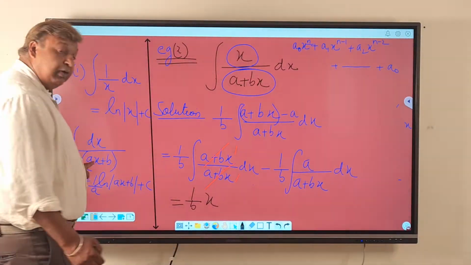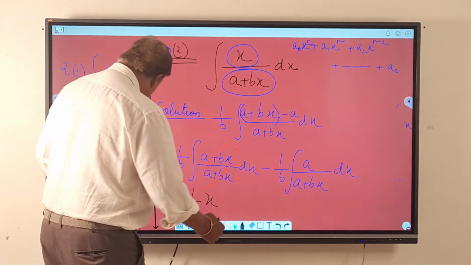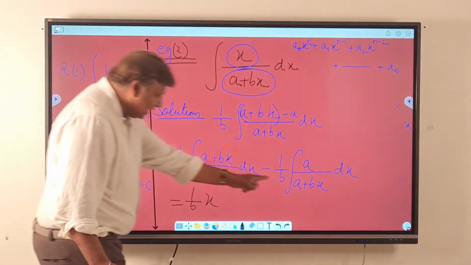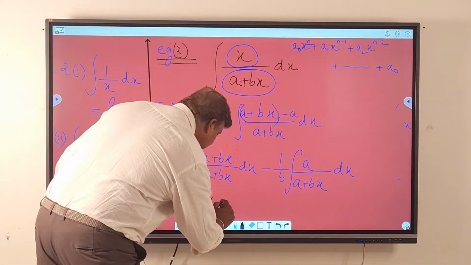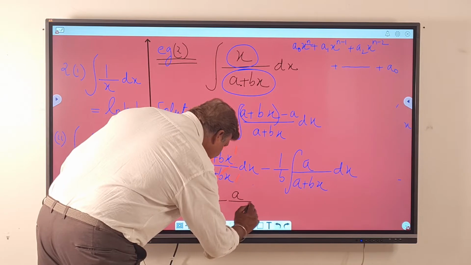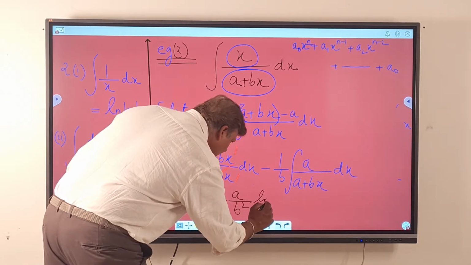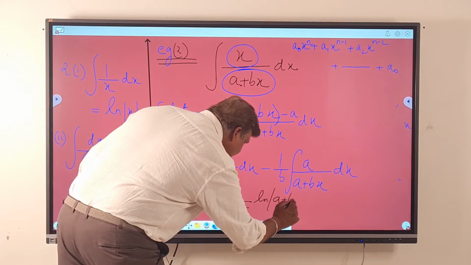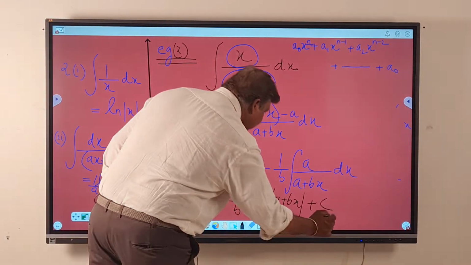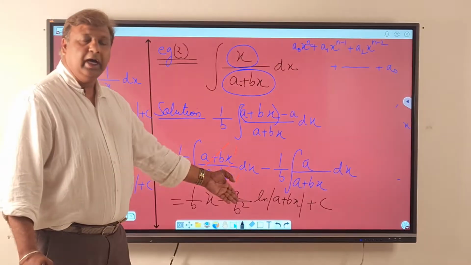So I'll make use of this formula. Am I right, students? So here it was ax plus b. Here it is a plus bx. So what I'll do, I'll have minus a by b, and 1 by b from here. So it will become b squared ln of a plus bx. Correct? So this would be your answer.